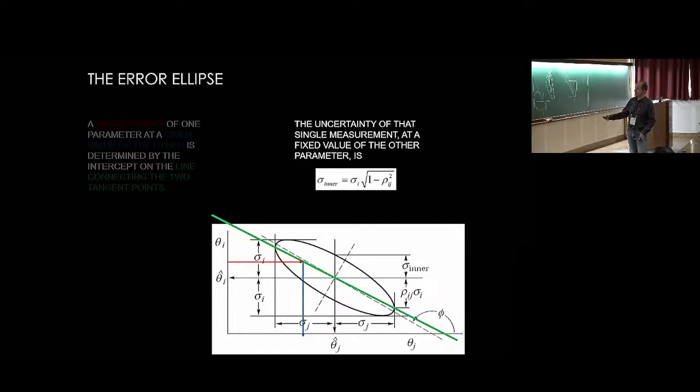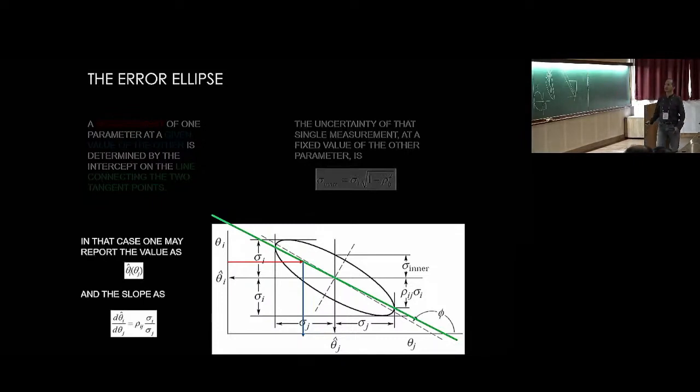Because you see, if I take a value of theta j fixed here at the center, and I measure theta i, I will not have the full variability given by the sigma, but it will only be able to vary according to this segment here, which is given by sigma inner. Okay?